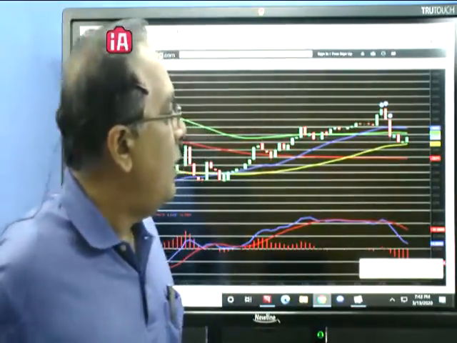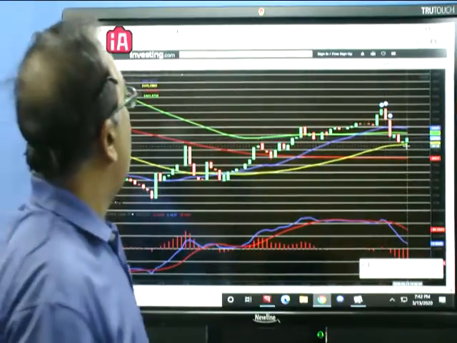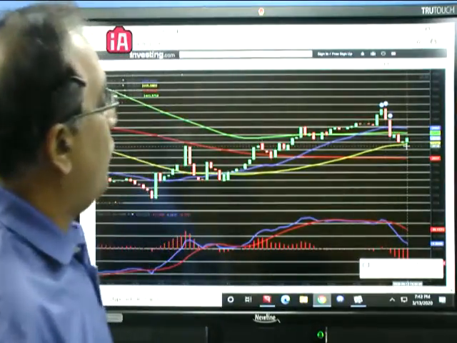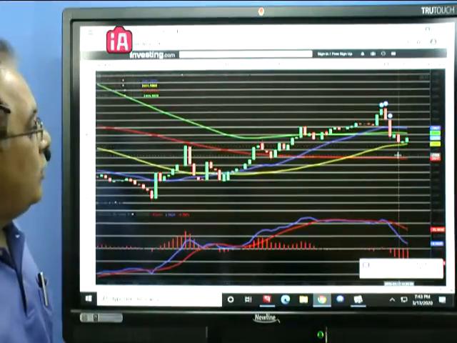Some small revival in crude. So let's look at this particular revival, as we spoke. It's still only 24.40. It has not come to 24.60, and it has not broken this low of 24.03.